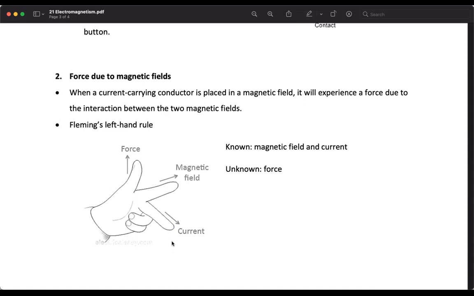After knowing this concept, can we create something useful for this world? Magnetic field can be produced with a magnet. Current can be produced with electricity. So the idea is like this. With a magnet and an electric supply, when you put these two together, we can make things move.